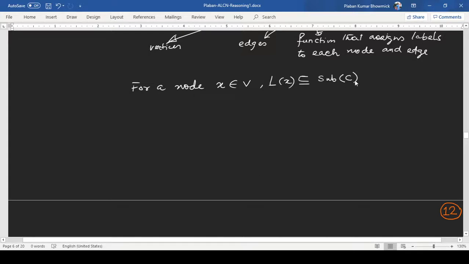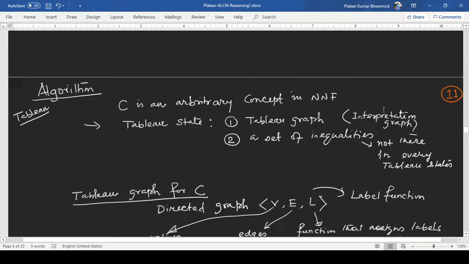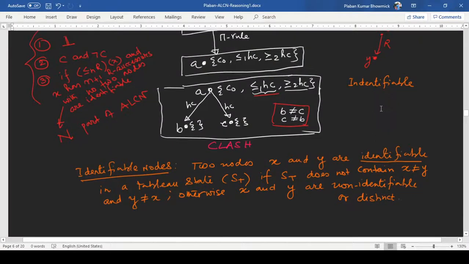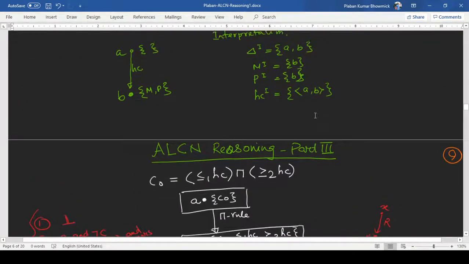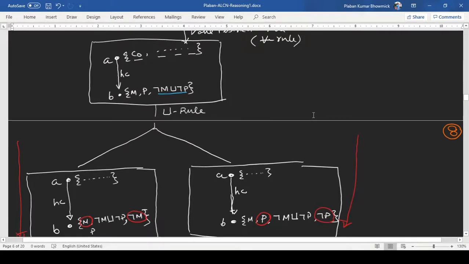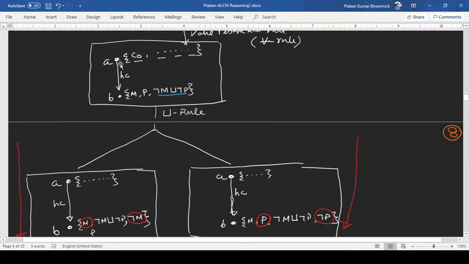I'll come to what is sub concept of C formally, but informally, if we can go back to the earlier examples, you can see, for example, A is a member of C. So A has a level called C0. Now C0 has got many sub expressions, like there exists HC, M, there exists HCP. So these are sub expressions of C0.